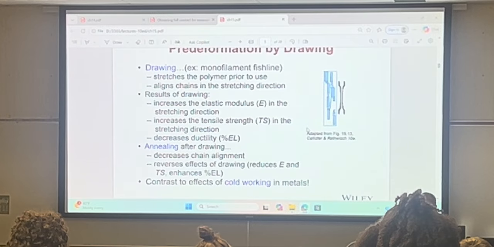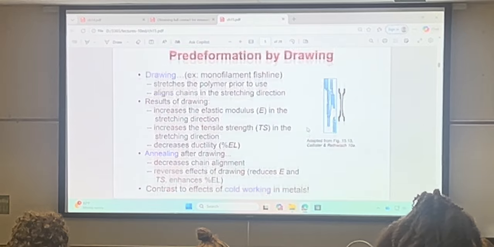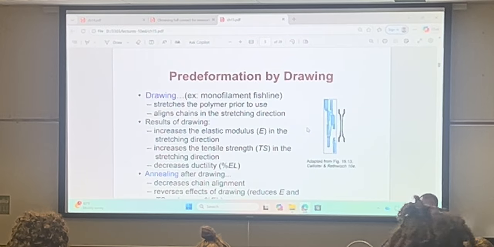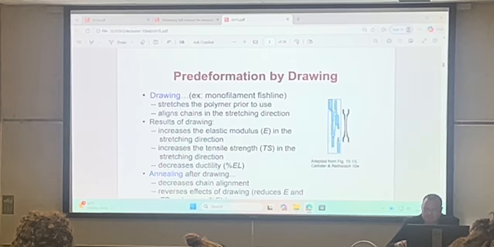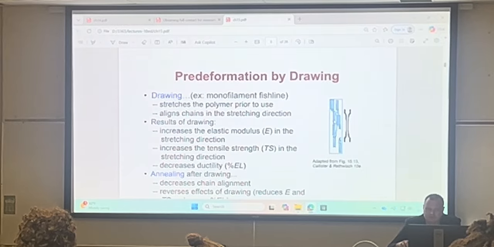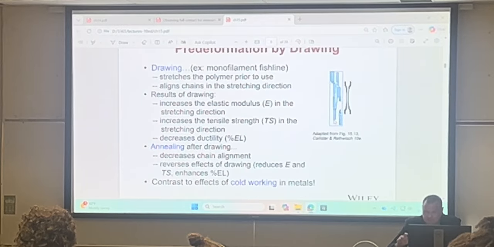So what can we do to improve? We can do drawing, which is how a fish line is made, by taking a monofilament and stretching the polymer prior to its use, by aligning the chains along the stretching direction. It's one direction.